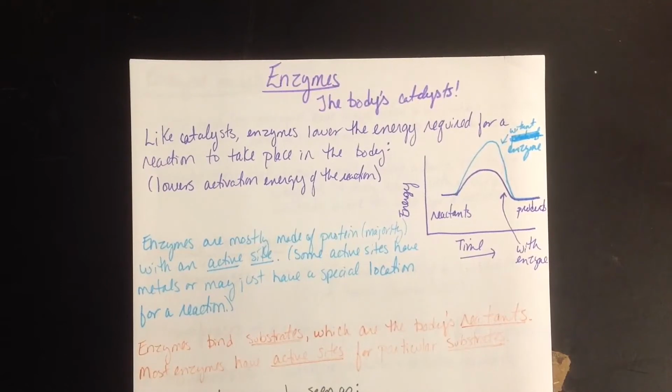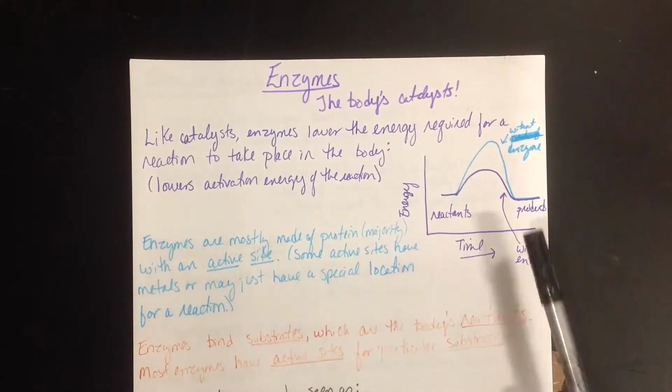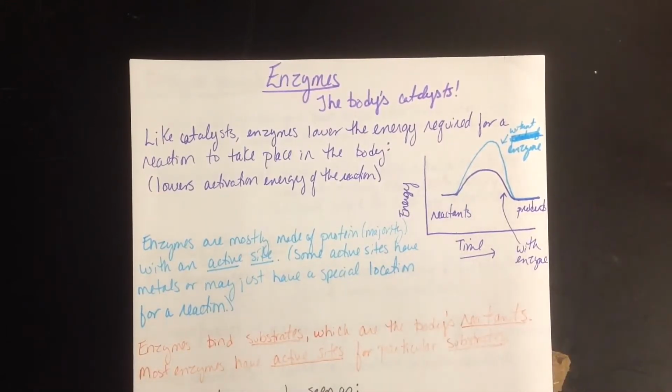These enzymes basically take a reactant that we call a substrate when it's in the body and form a product of some sort. So enzymes, we tend to say, bind or come together with substrates, which is kind of like the body's reactants.